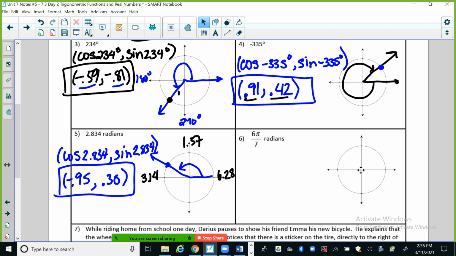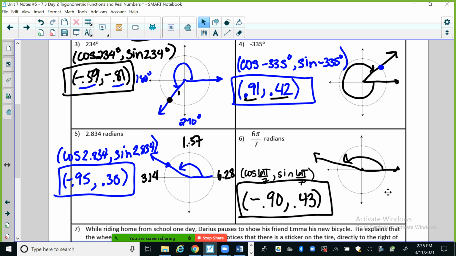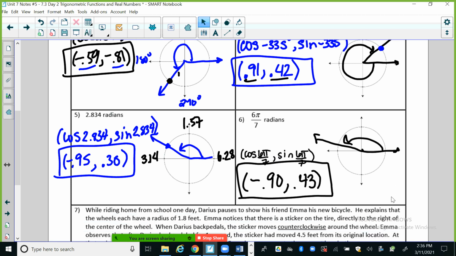And I'll show the answer in 10 seconds. And there we go. Cosine of 6 pi over 7, sine of 6 pi over 7, which comes out to be negative 0.90, comma 0.43. 6 pi over 7 is almost a full pi, 1/7 short of a full pi, right? So we're in quadrant 2 there. All right, any questions over 5 or 6?